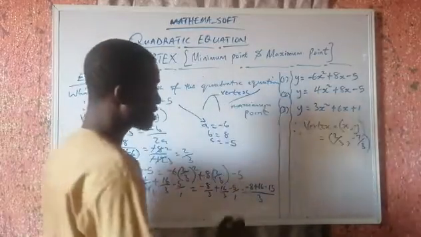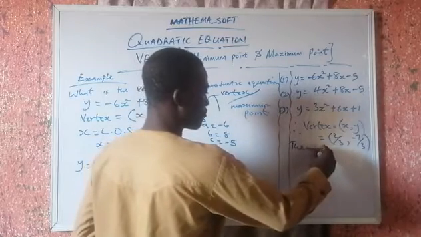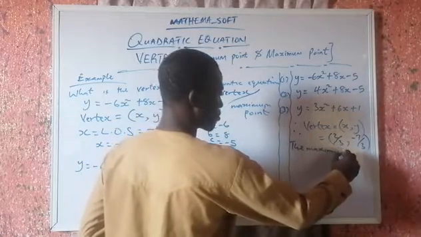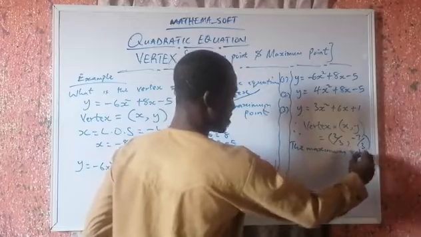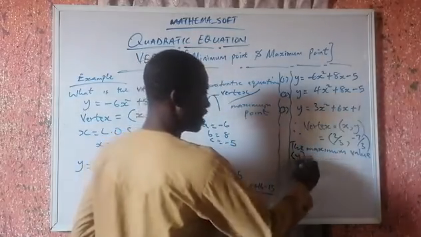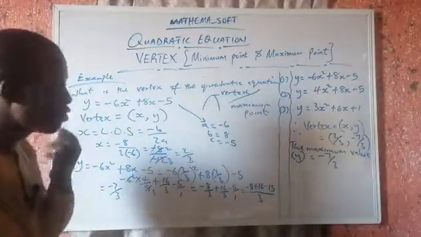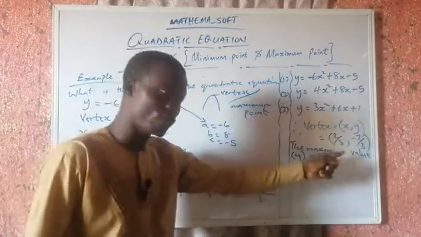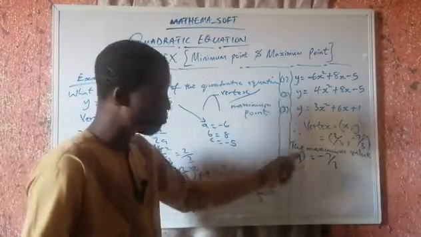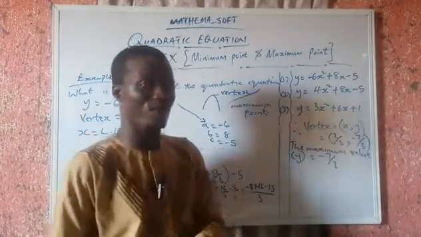In this case, if they ask you, we can say the maximum value, which will be your y value, is equal to minus 7 over 3. So the maximum value is equal to minus 7 over 3, although they did not ask us that. I'm just using that to make a difference between maximum point and maximum value.